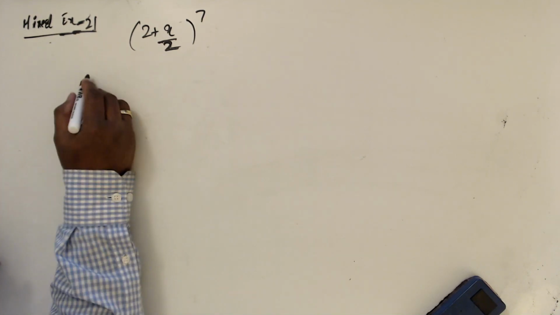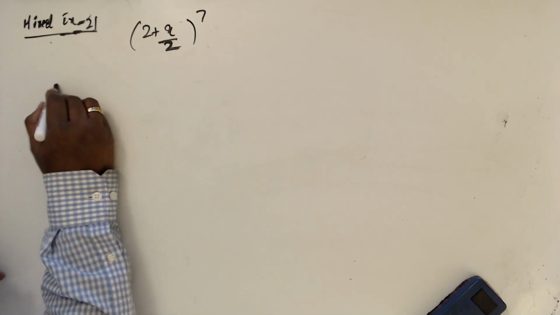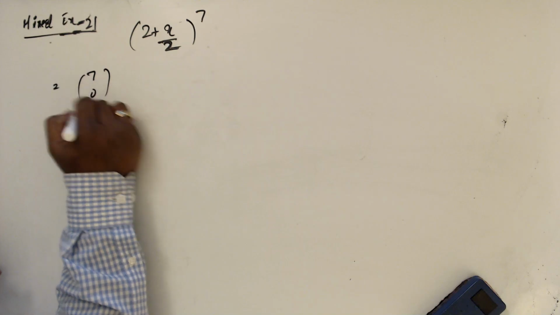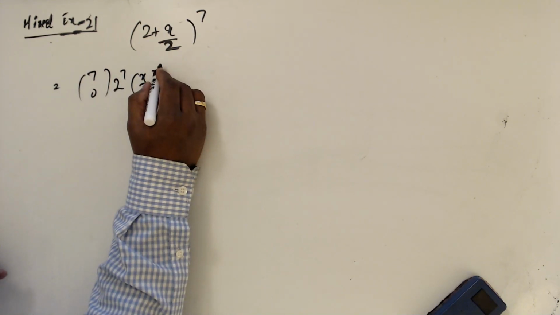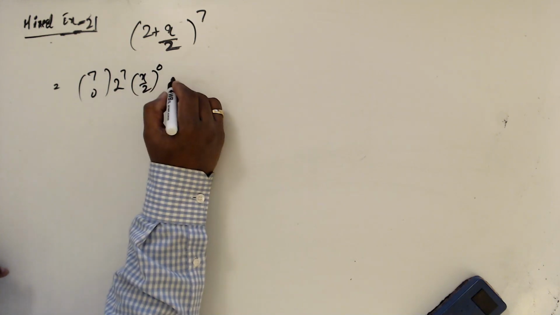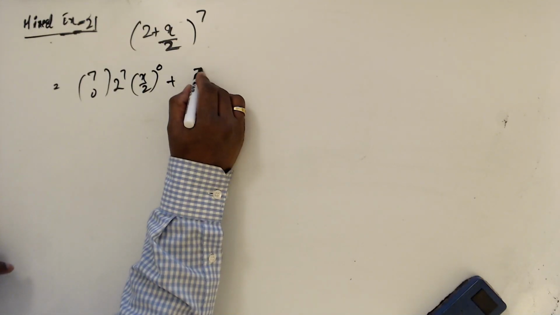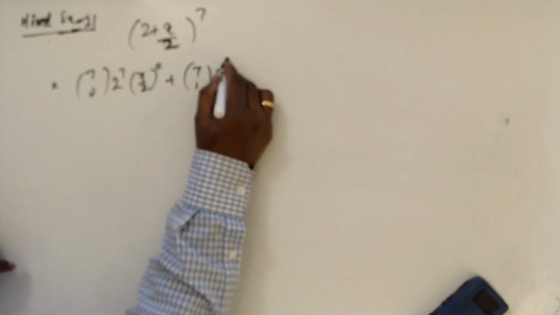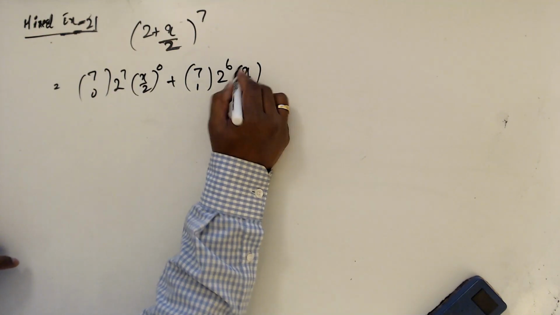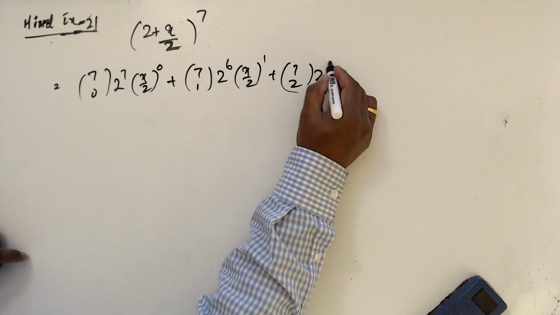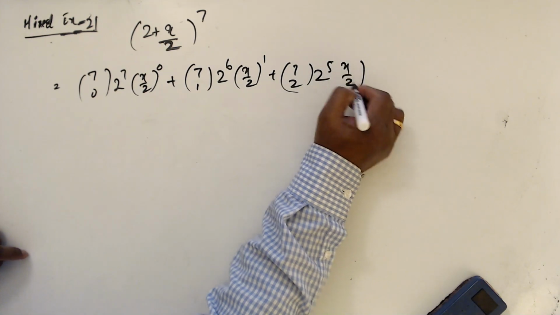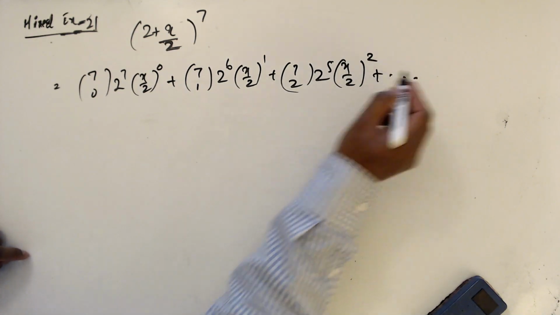Find the first three terms. So then 7C0 2^7 (x over 2)^0 plus 7C1 2^6 (x over 2)^1 and 7C2 2^5 (x over 2) square, dot dot dot.